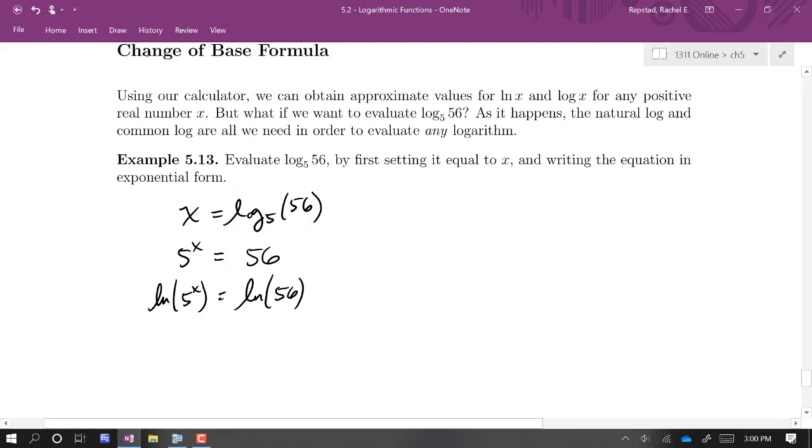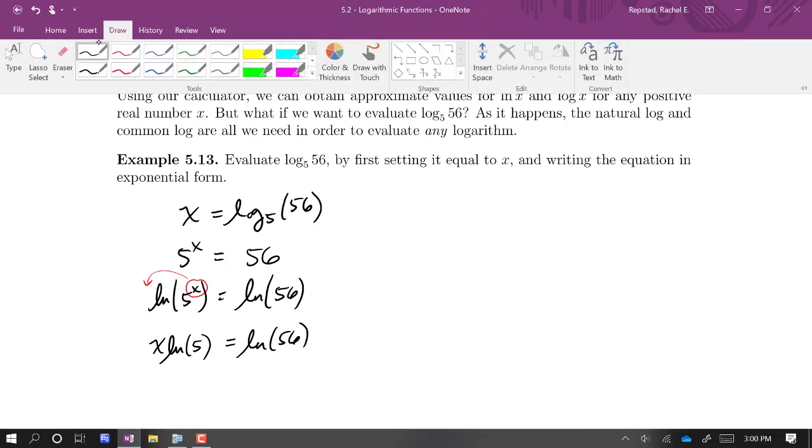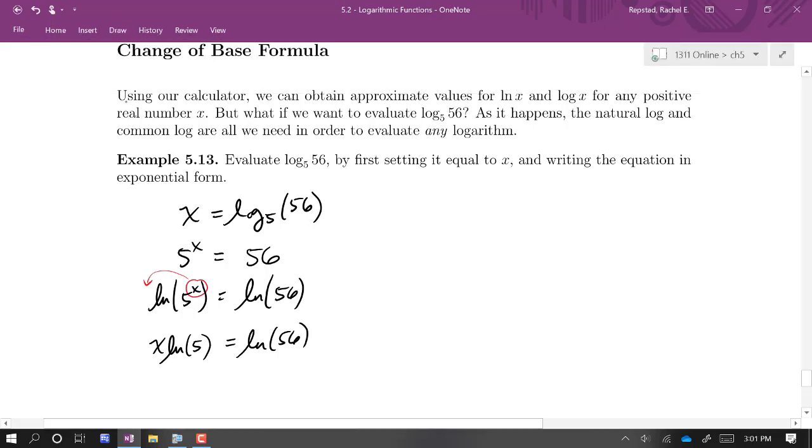And now the only reason to impose a log on an equation is to be able to take advantage of those properties. I'm going to drag that x down in front. x ln 5 is equal to ln 56. And now all we need to do is divide by ln 5. ln 5 is just a number, right? ln 5 is a constant. It is the exponent we have to put on e to get 5.